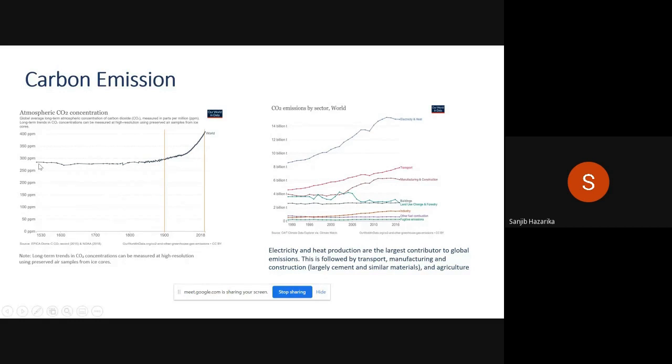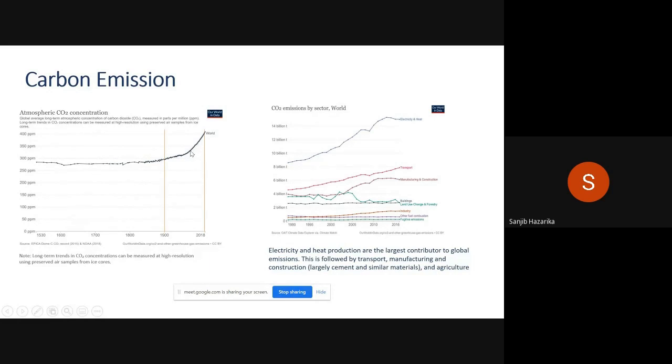So here we can see the concentration remained almost similar, maybe around 270, 280 ppm, over a very long period of time till the Industrial Revolution happened, maybe around 1810. It slightly increases, and from the 1900s the increase in carbon dioxide concentration is steeper, at a much faster rate.